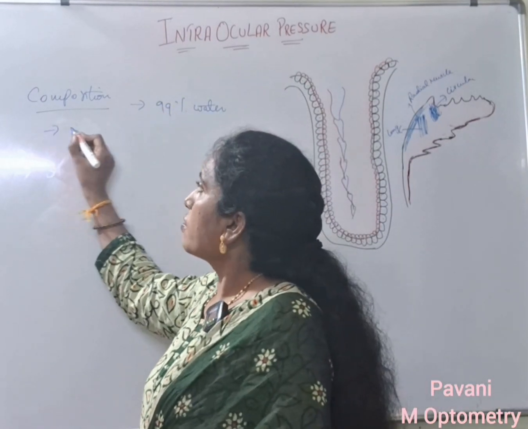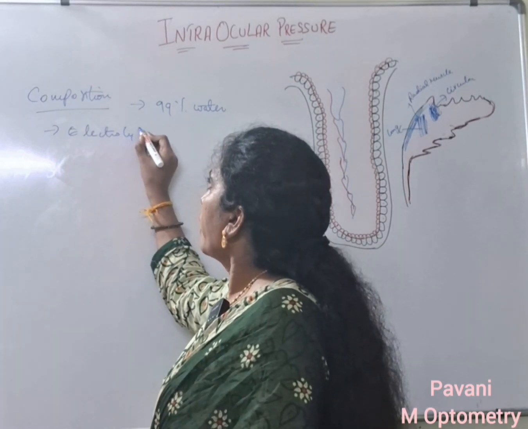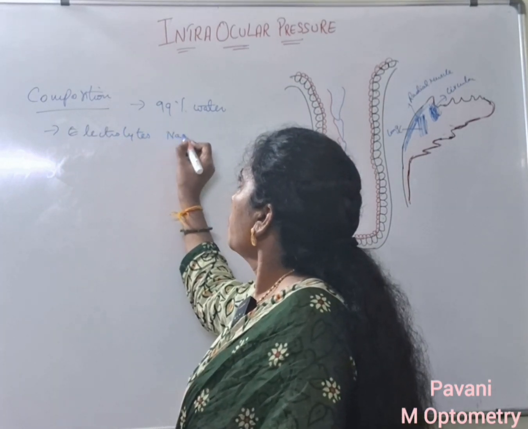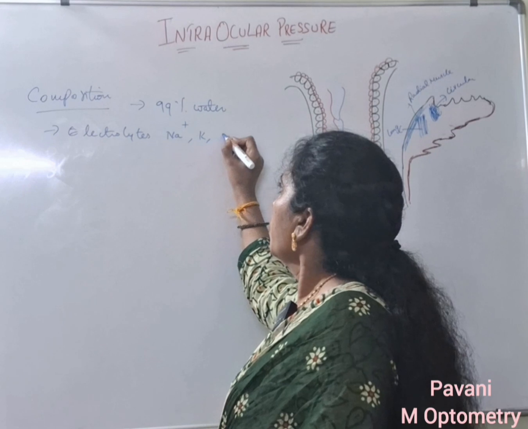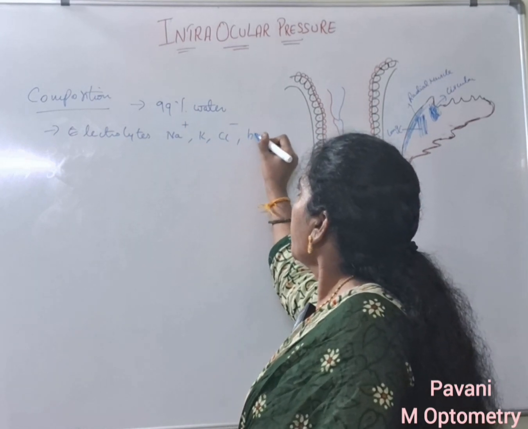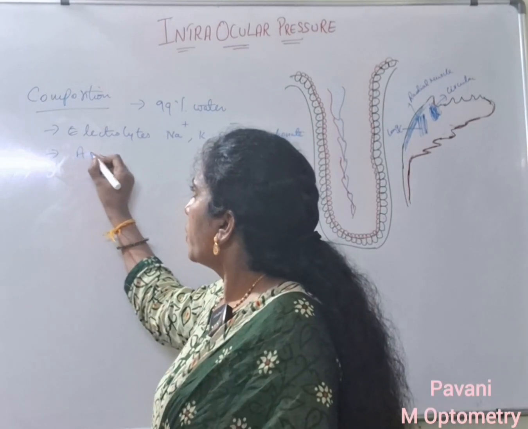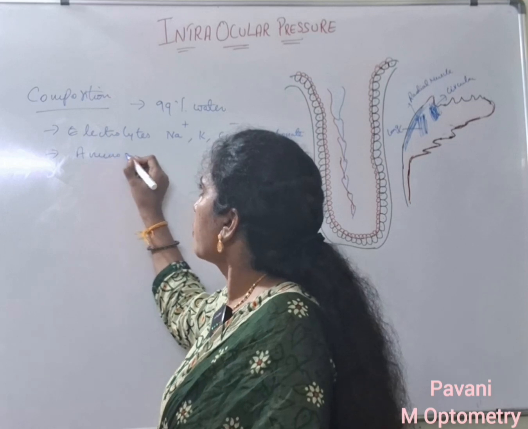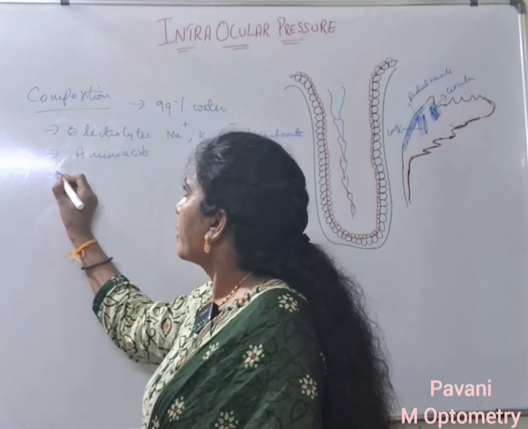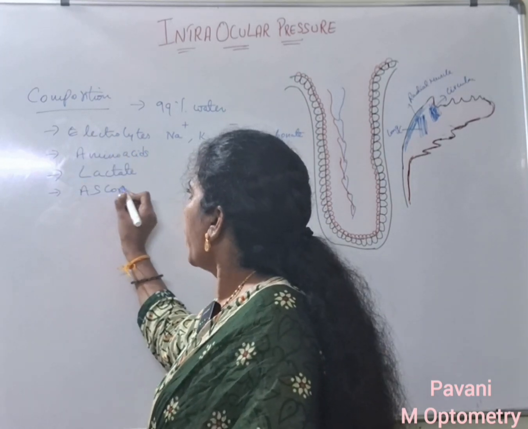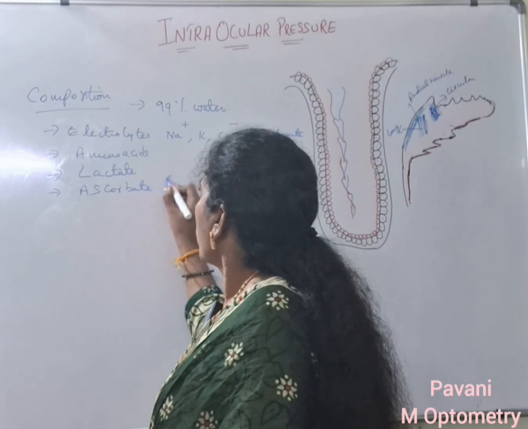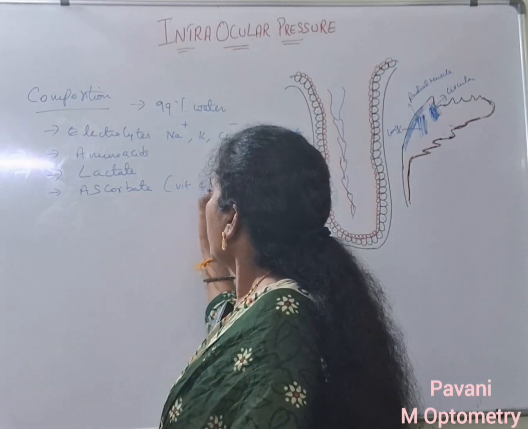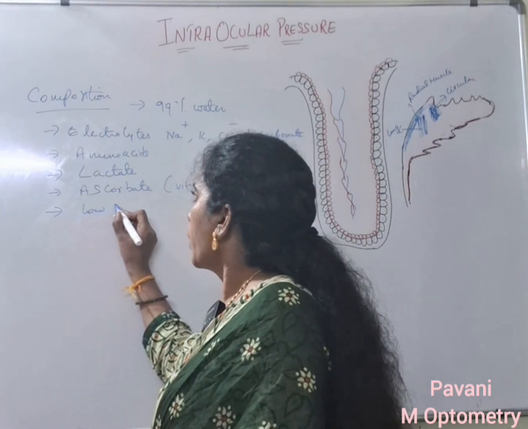It also contains electrolytes like sodium, potassium, chloride and bicarbonate. Apart from that, it contains amino acids, lactate, ascorbate, which is nothing but vitamin C, and a low level of protein.